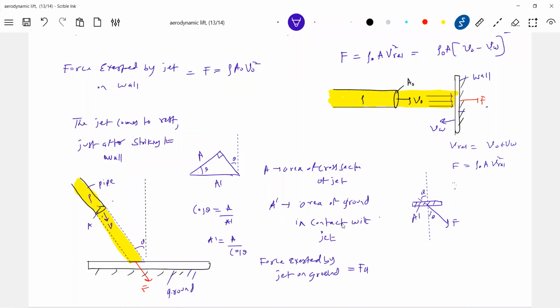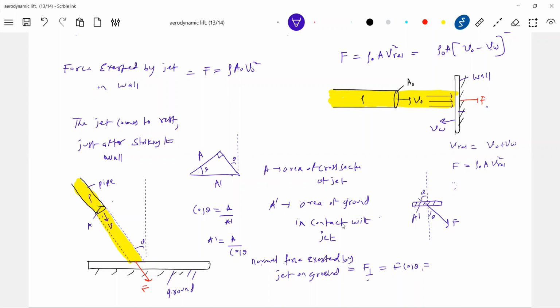This should be equal to F cos theta, F sin theta. F sin theta will be tangential. F cos theta will be the normal force. This force is what we are interested in: the normal force exerted by the jet on the ground. So F perpendicular will be F cos theta.